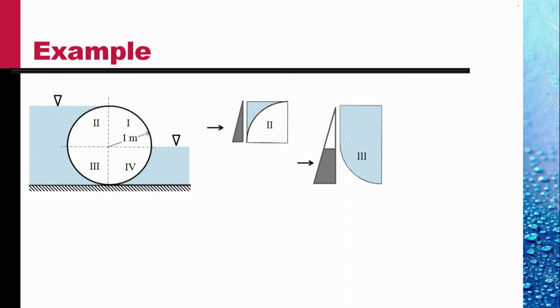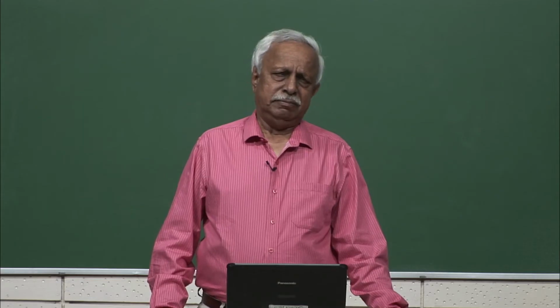The centroid of that plate would be 0.5 meter from the top of this plate, and so the depth of the centroid from this free surface is 1.5 meter. So pressure here would be rho times g times 1.5 meters, and the force is obtained by multiplying it by the area of this projected area.